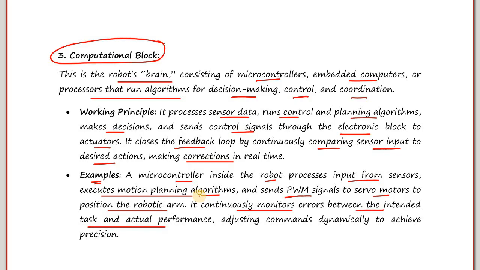Just think of it in your classroom when you go to school. Suppose the teacher asks you to explain something and you make a mistake, the teacher will immediately correct you. So, see, this is a very nice example of artificial intelligence working here. Thereby adjusting commands dynamically, that means in real time, to achieve the required precision.